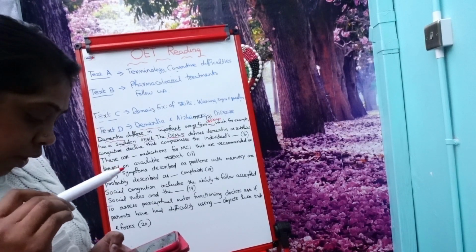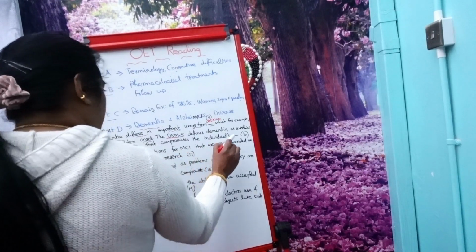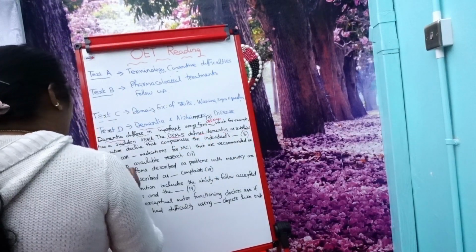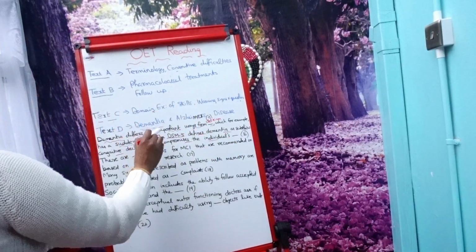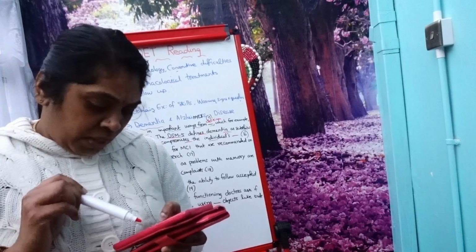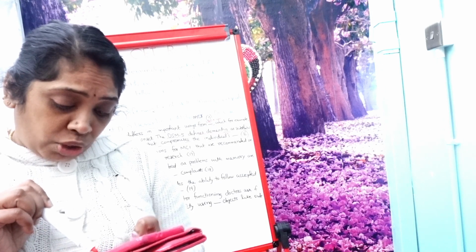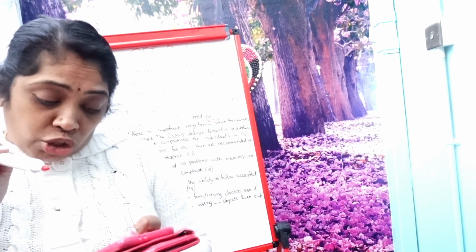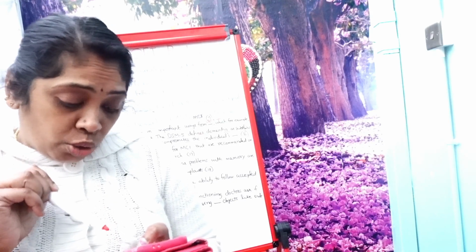DSM-5 defines dementia as a substantial cognitive decline that compromises the individual's. In the same passage we can find it, defined by the presence of substantial cognitive decline from a previous level of functioning to the degree that the individual's ability to live independently is compromised owing to the cognitive deficits.